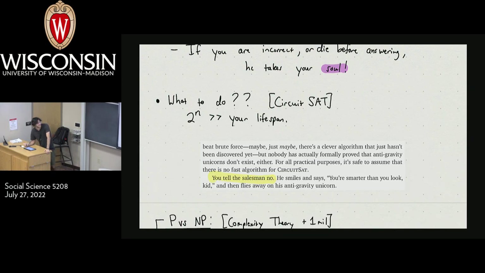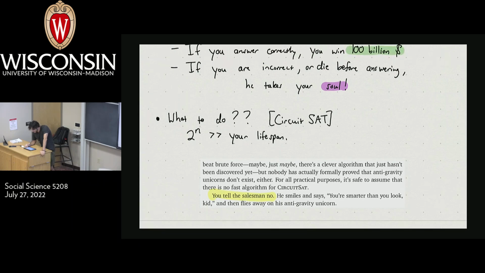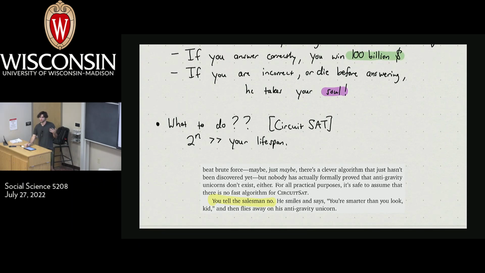Now the idea here is that maybe circuit SAT is solvable. We just don't know the answer to it. So maybe, just maybe, there exists a clever algorithm that just hasn't been discovered yet. So we can't formally prove there's no algorithm. We just have evidence there's none because no one's been able to solve it yet. So you're probably thinking maybe everyone before us is just dumb.